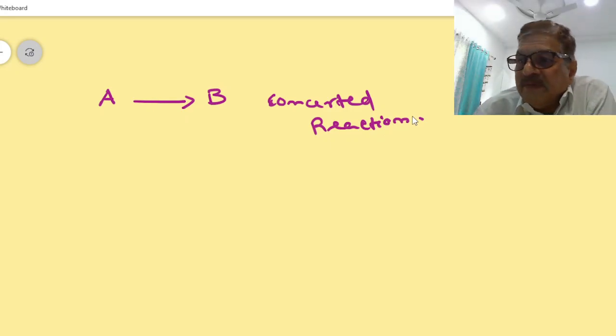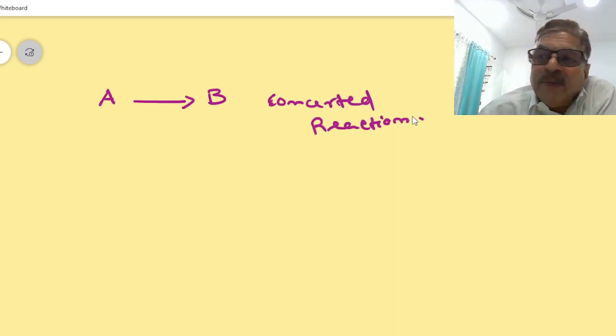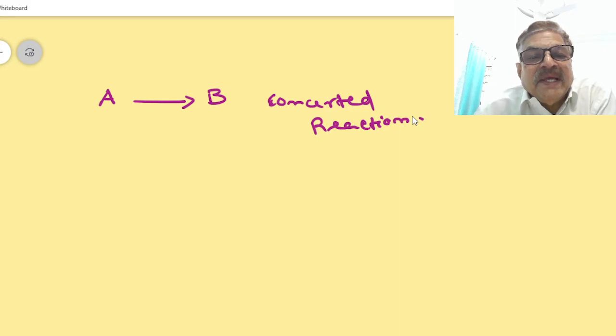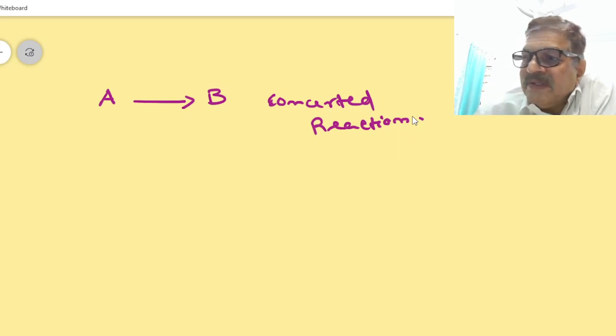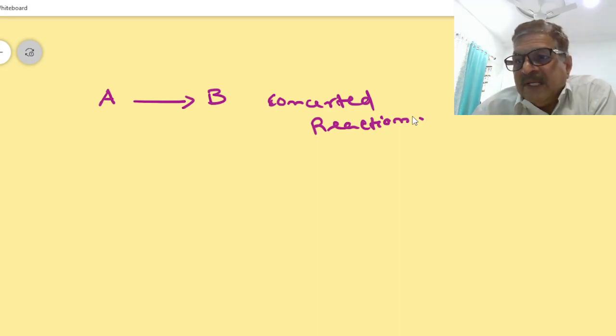Irrespective of how many bonds are broken or how many new bonds are formed, we are not concerned here. The reaction proceeds without any formation of an intermediate.